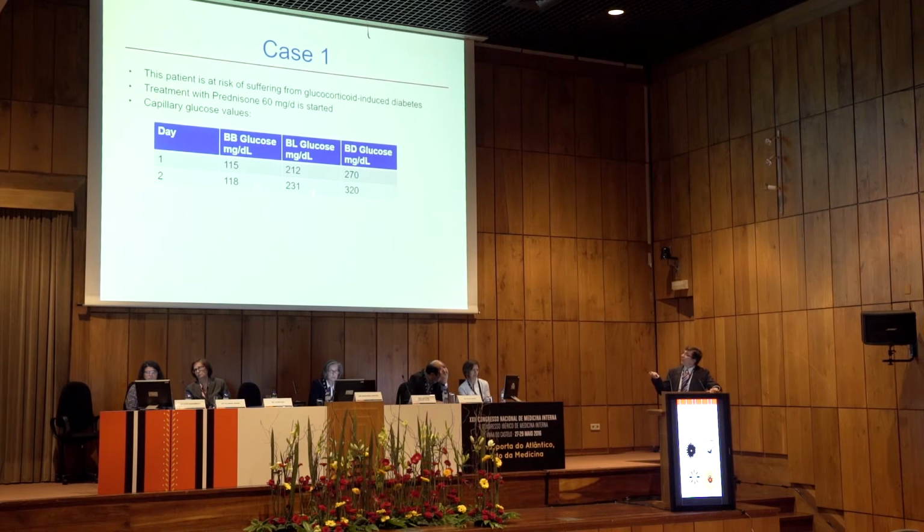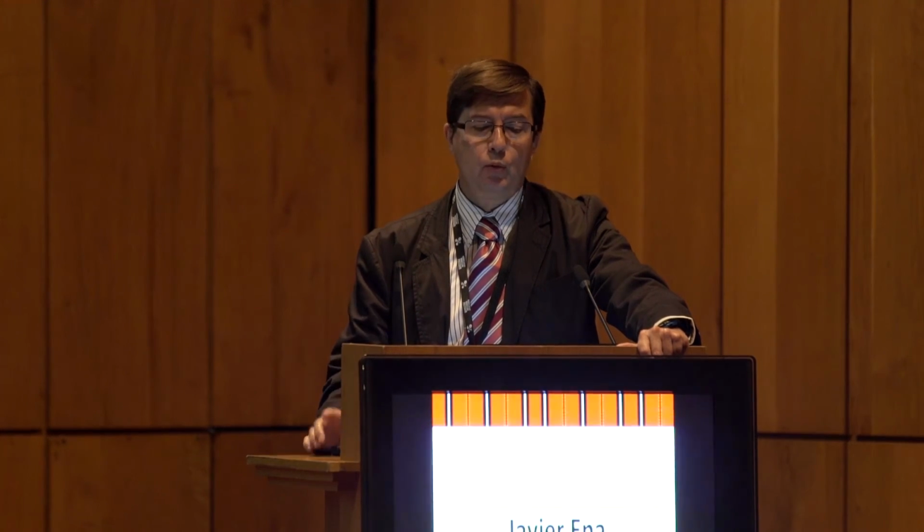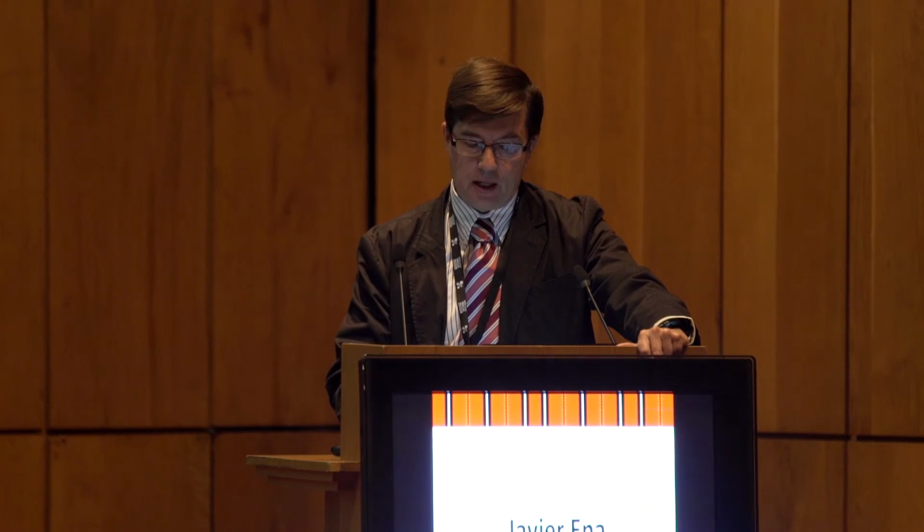As you can see, the glucose rises before lunch and before dinner, and the effect of the prednisone disappears at night. So we cannot use long-acting insulin because we could produce hypoglycemia at night.